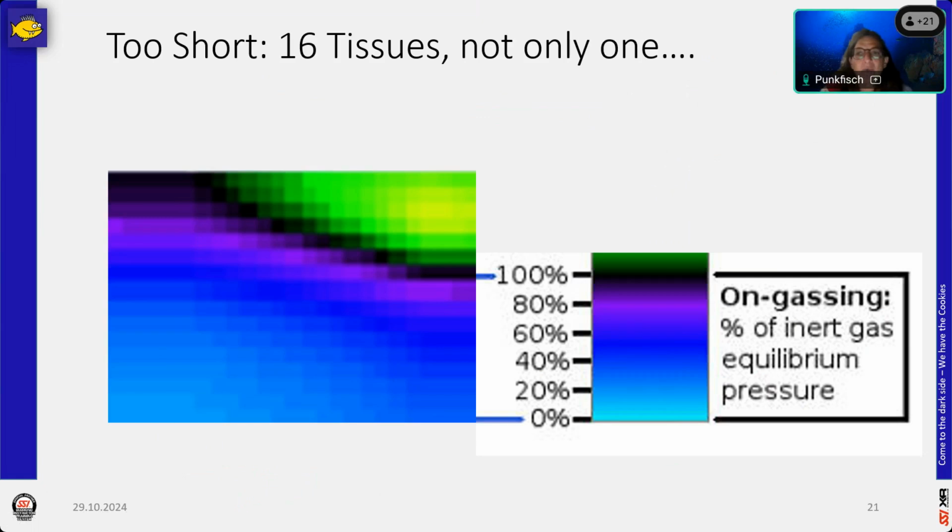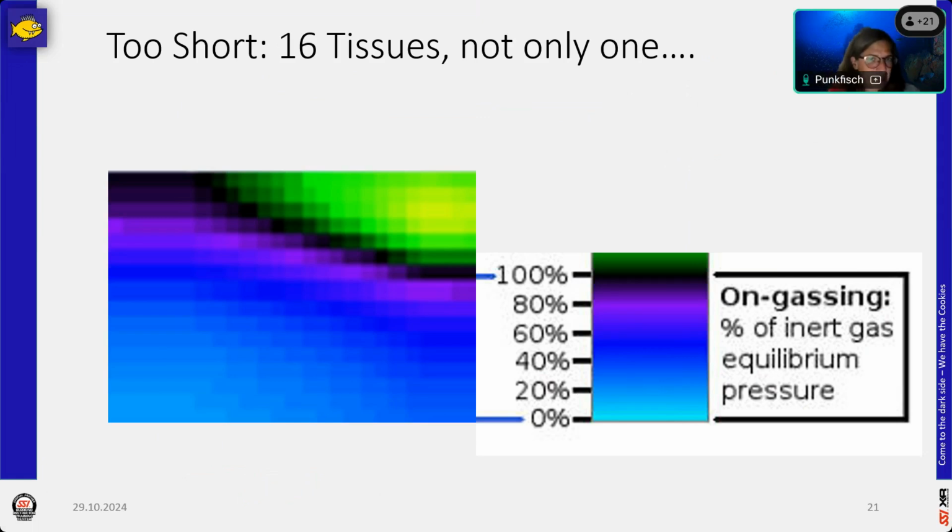And here we have one very, very nice example. This is taken from the Subsurface decompression planning program. Subsurface is a free program, and it's absolutely worth downloading, because you can play with your diving plans.